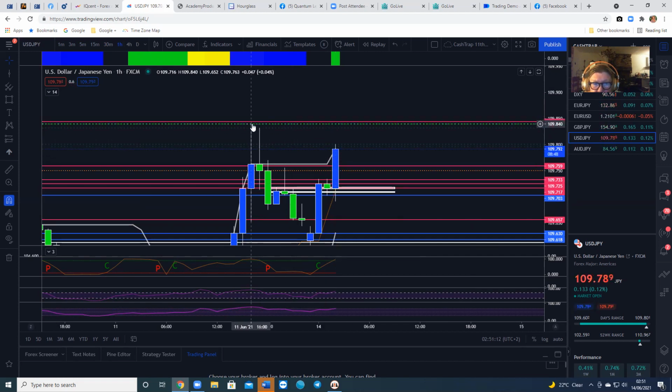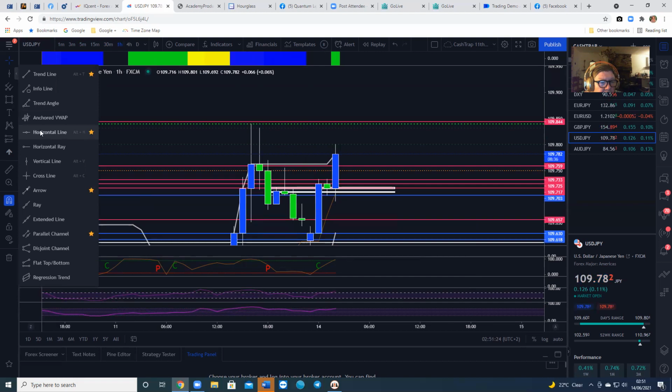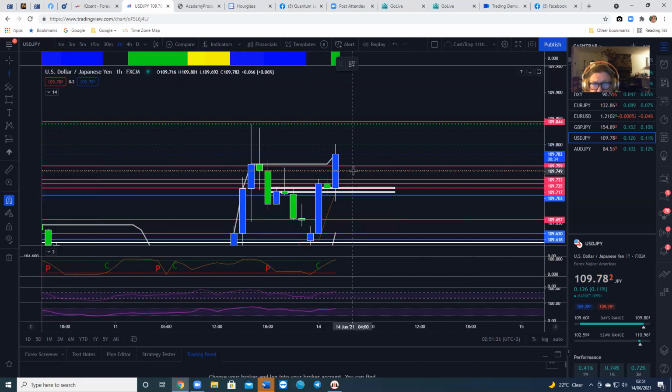This was daily. This is hourly. The hourly is very important. Where it closes on this hour, if it wicks right back on the hour, then you know the US dollar will be weakening, and you could start looking at sells. So it's critical what happens at this line on the hour.